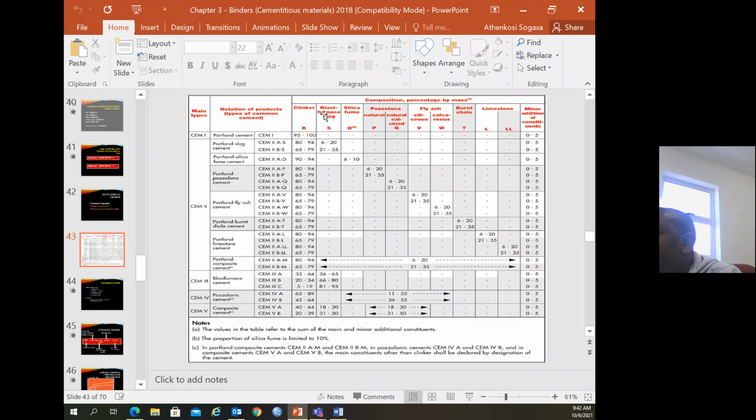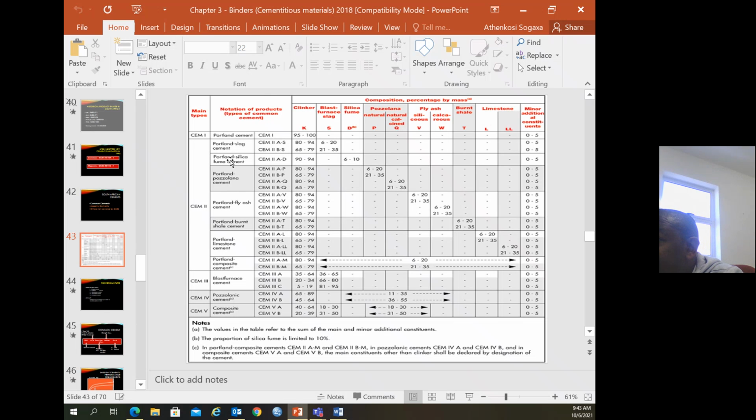It has blast furnace slag of 6 to 20%. That is SEM2. That one of AB is 65 to 79% clinker, and 21 to 35% of blast furnace slag. It has 21 to 35.